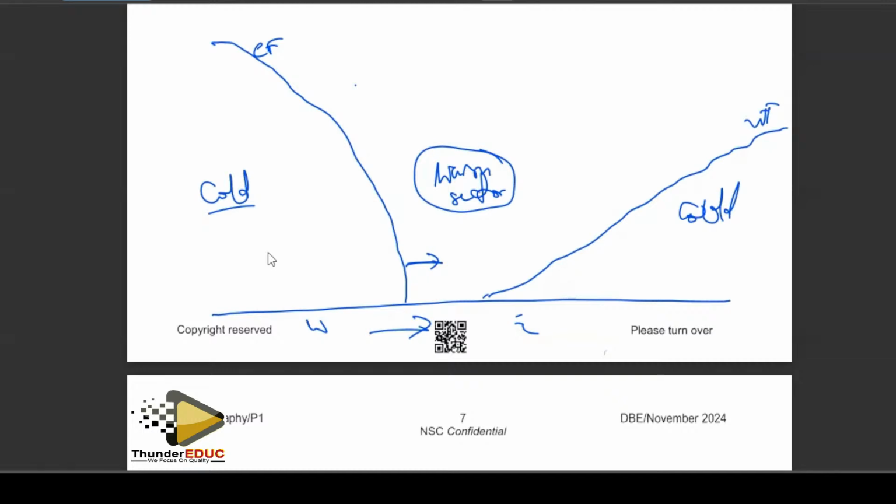And how does the warm air get displaced given the gradient of the cold front and the gradient of the warm front? It means the cold front is going to displace the warm air almost vertically because it has a steeper gradient. So as it has a steeper gradient, while it is displacing warm air from the ground surface, the warm air is displaced almost vertically.